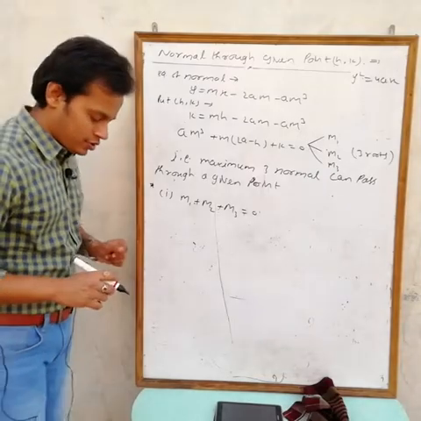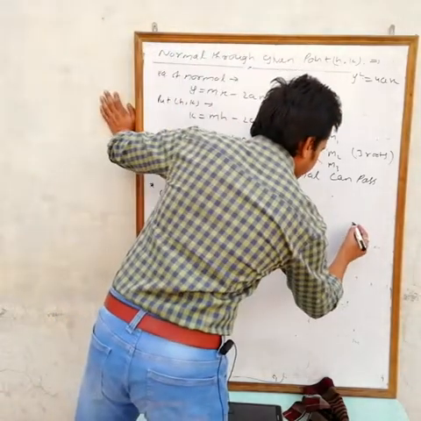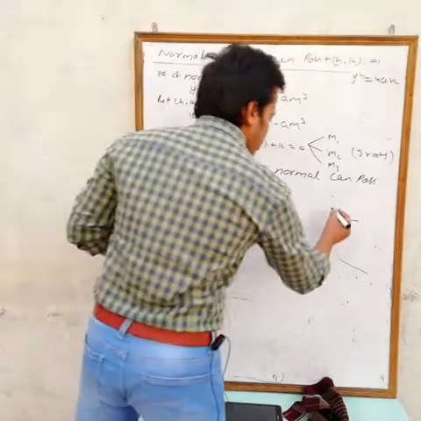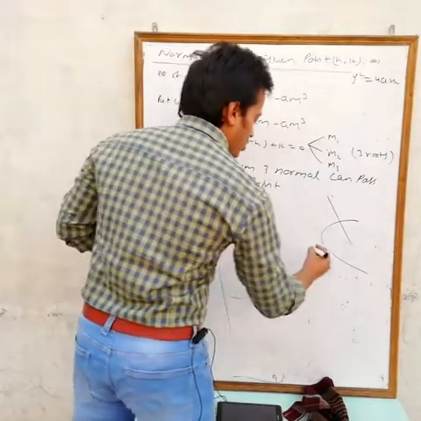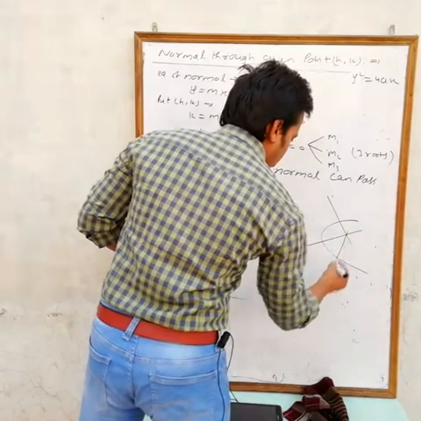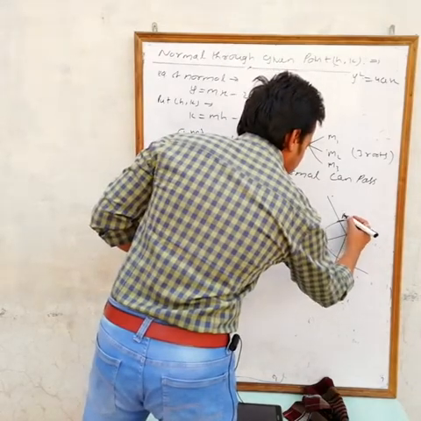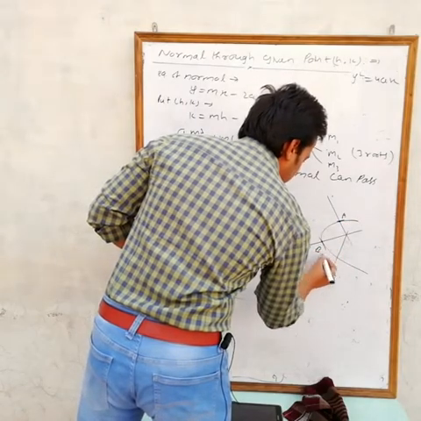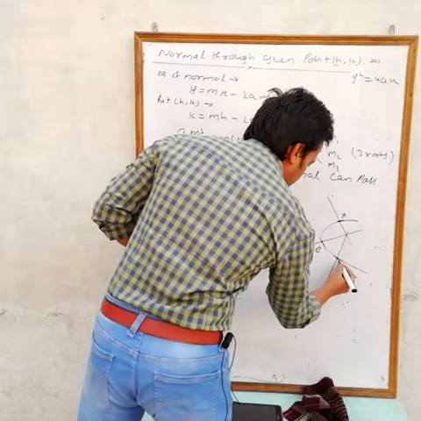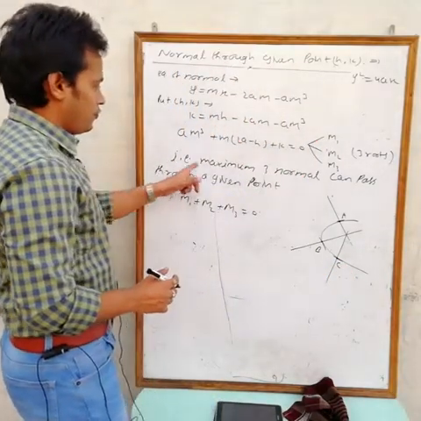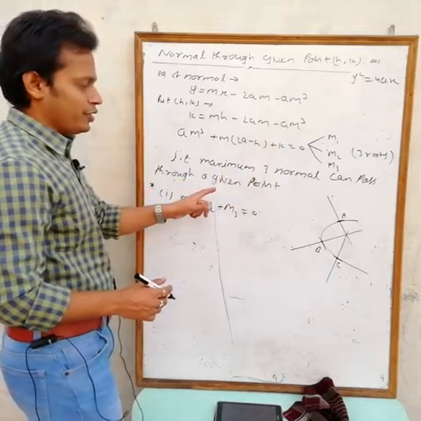Like this one, see. Here we have 3 values of m. Suppose this is the first normal, this is the second normal, and this is the third normal. Suppose this point is A, this point is B, and this point is C. Now maximum 3 normals can pass through a given point.